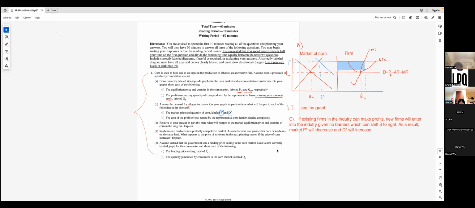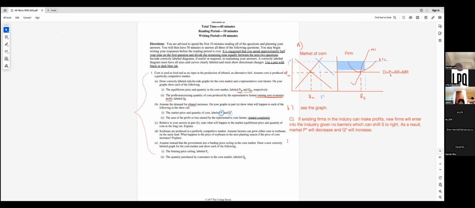Did I do anything wrong? I put here industry. Given no barriers, which can shift the supply curve to the right, so as a result, market equilibrium price will decrease, right? If you shift the supply curve to the right, the total market, because Q star is the total market, will increase. Yeah, I guess that's for question C.